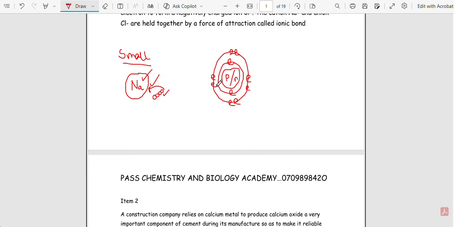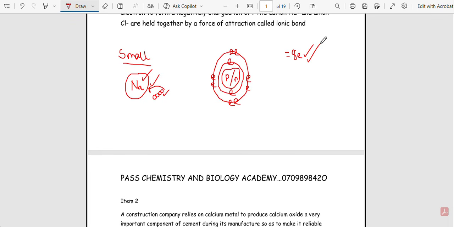So someone might have a question, why are they 8? You see, for an atom or an element to be stable, its atom in the outermost shell should have a maximum of 8 electrons. So the 8 electrons signify a stable electronic configuration.